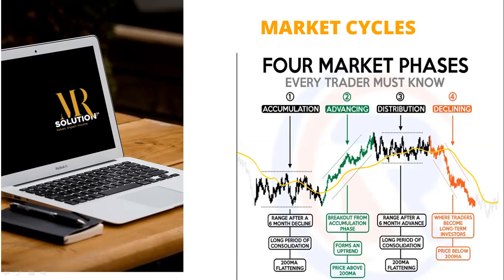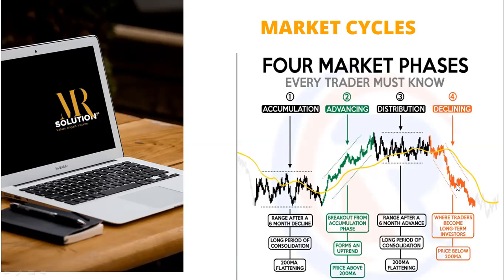Distribution stage is when though some people are coming in, some people are equally exiting, some are coming in, some are exiting. Price is going up and down. There's nothing like a sporadic increment again as we had in advancing. Then after that, there's a declining phase. This is when people start becoming capitulated. Those who bought at higher prices will start regretting, and then price keeps on falling down.